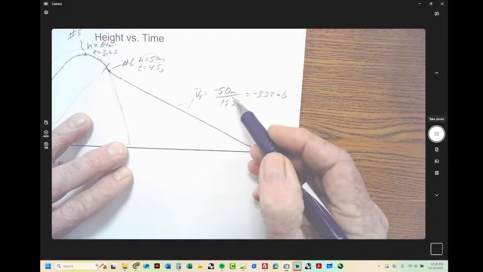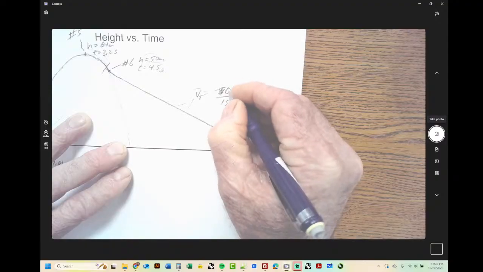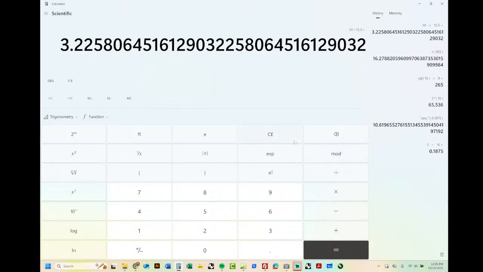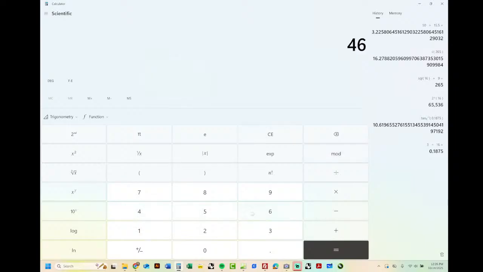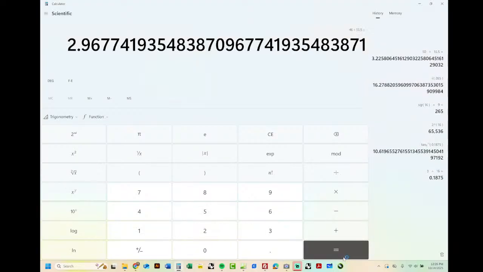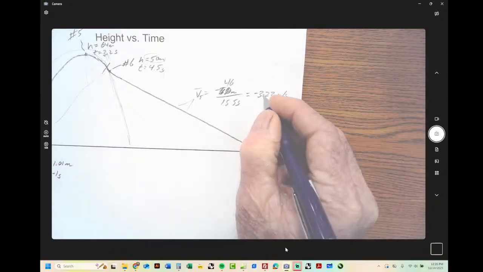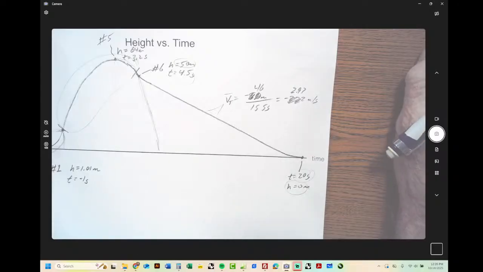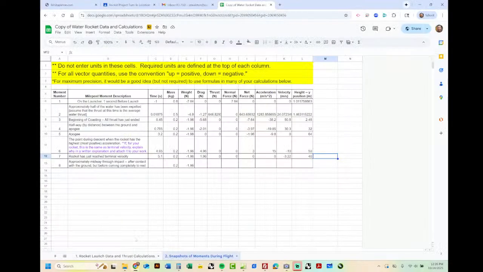So instead of -50, it's going to be -46. So it's not really 3.22. 46 divided by 15.5 is 2.97. Make sure you don't turn in a mess like this. -2.97. All right, I think all my numbers make sense now.